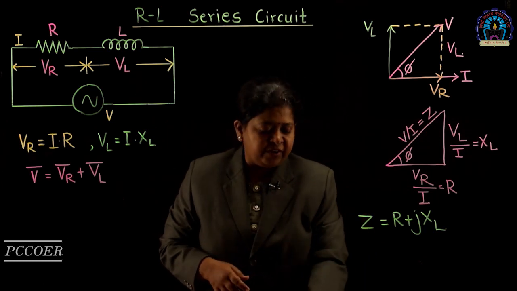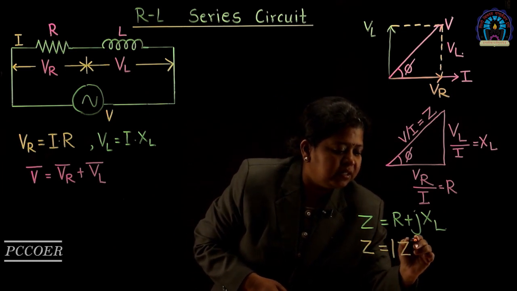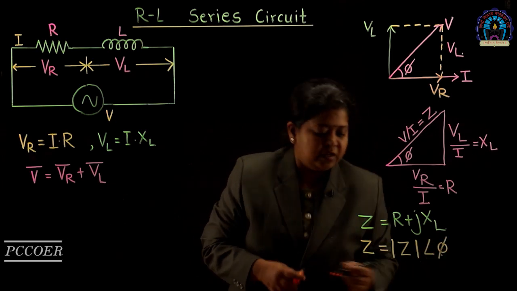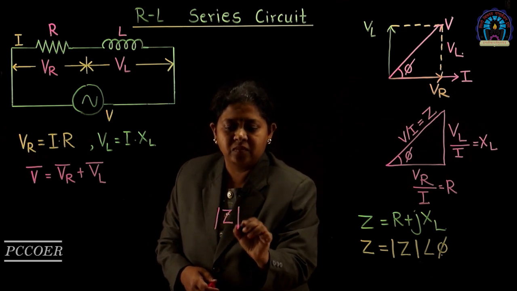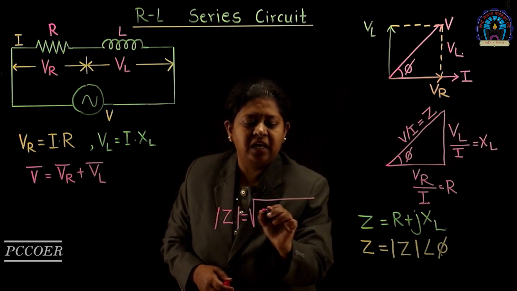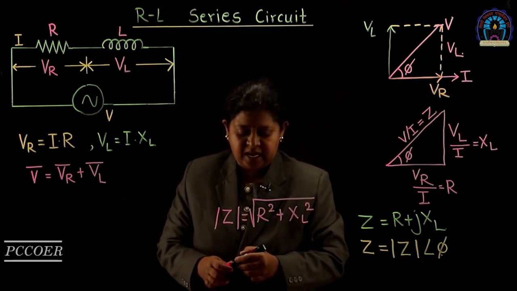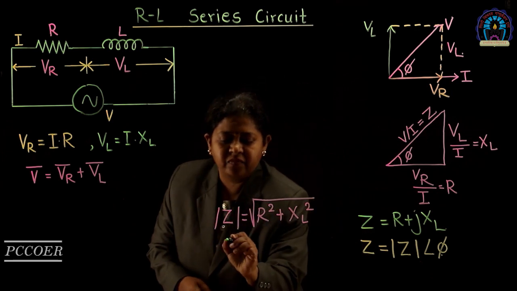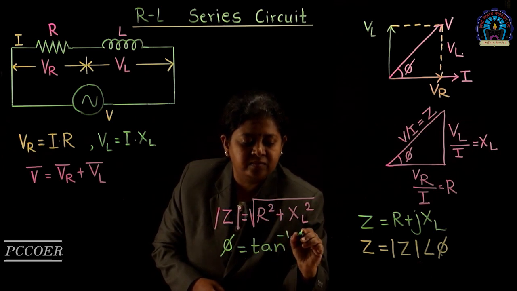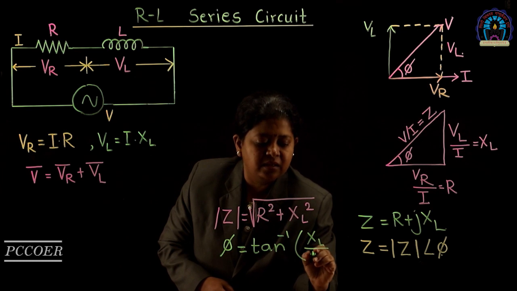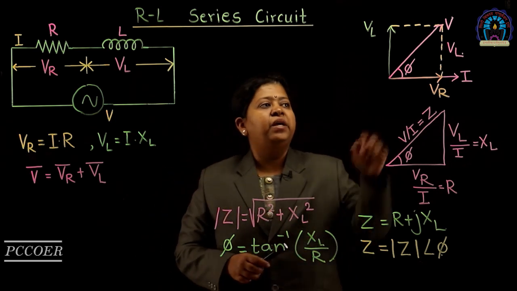In polar form, we can write Z is equal to modulus of Z at an angle phi, where mod Z is equal to under root of R square plus XL square, and phi is tan inverse of XL upon R. Here we see that the current is lagging behind the total voltage.